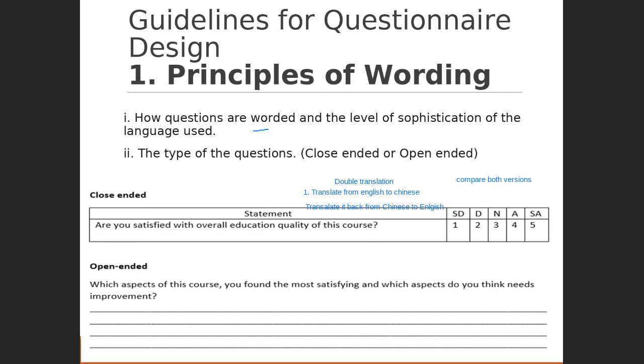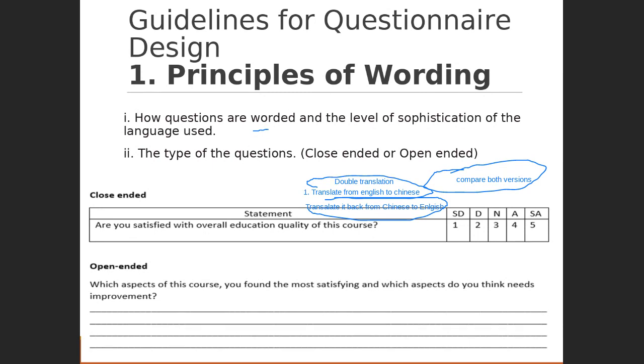Only translating your questionnaires to the Chinese language is not sufficient. You need to translate it back to English, and then compare both versions and make necessary modifications where possible.